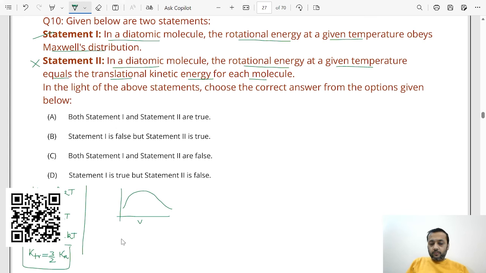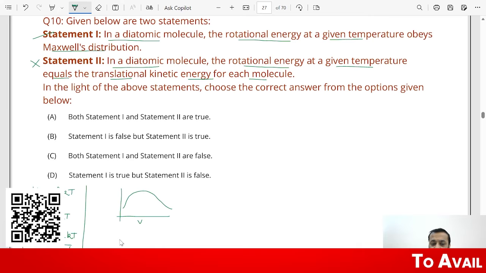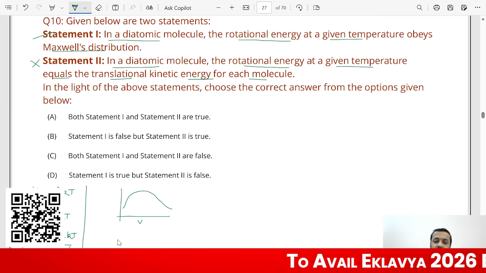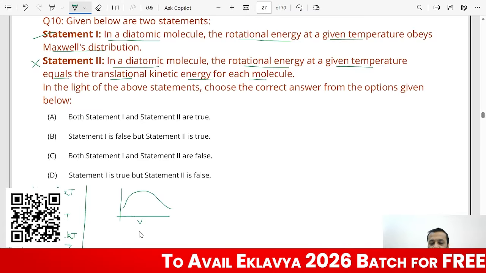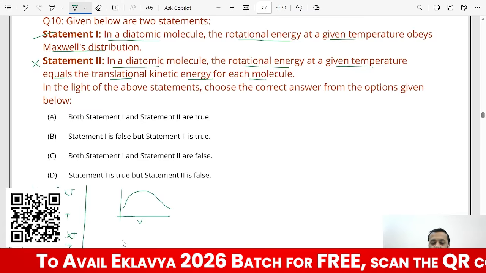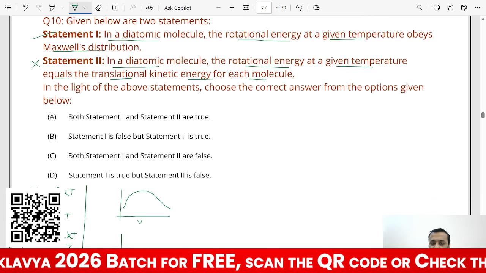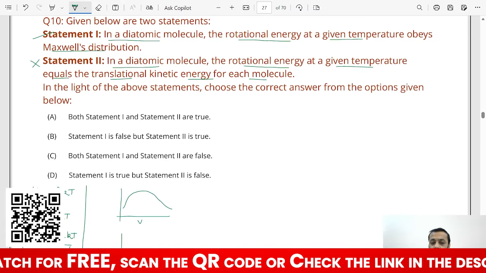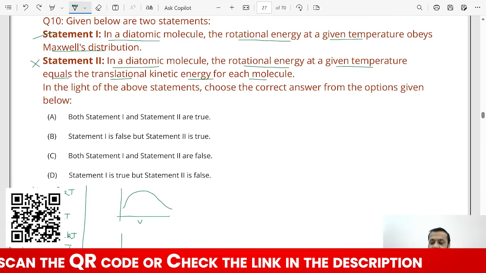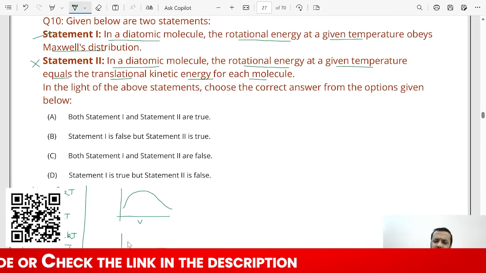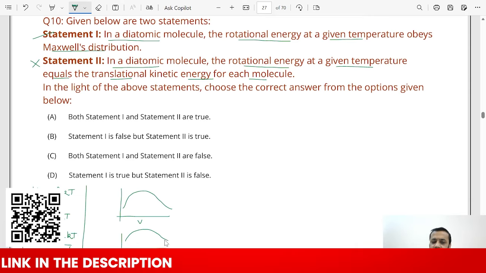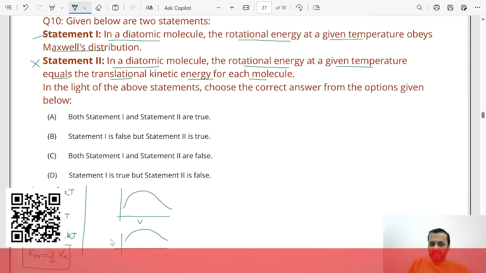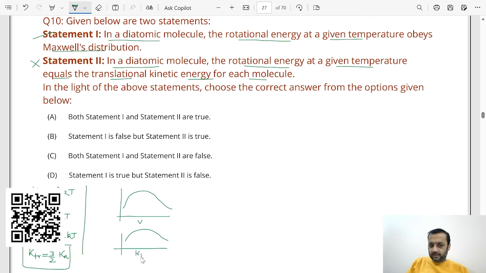Now the relation between the translational kinetic energy and the speed is that it will be squared. Translational kinetic energy is half mv square. Graph-wise, the variation will be exactly the same. Qualitatively, the graph is going to look the same. It is just squaring, so visually the graph will not change if you plot translational kinetic energy here.